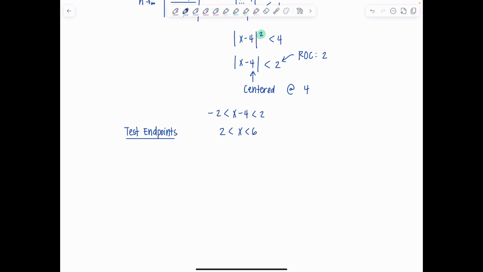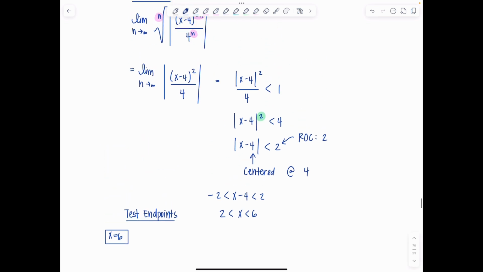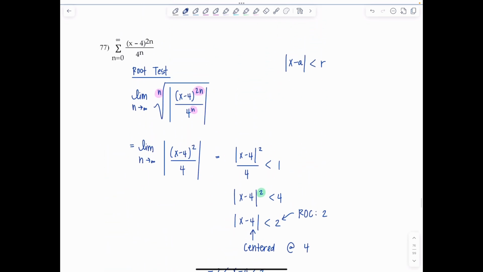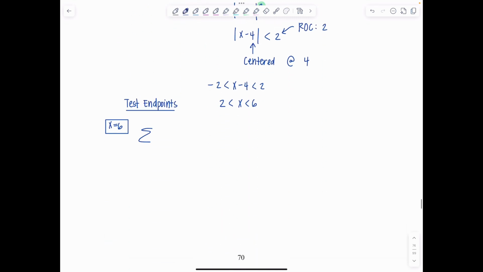Starting with, let's do x equals 6. So go back to the original series and you're going to substitute in 6 for x right here. So we've got the sum, n equals 0 to infinity, 6 minus 4 to the 2n over 4 to the n. Oh, hold on, I got too excited. It was temporarily 4 to the n. Let me stay there and relax a little bit.